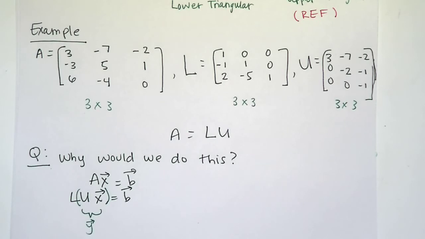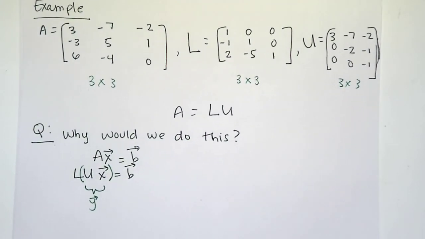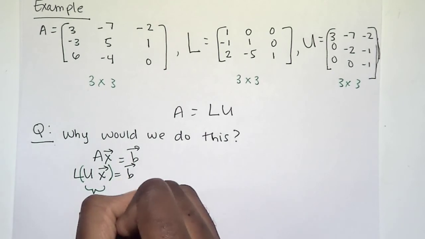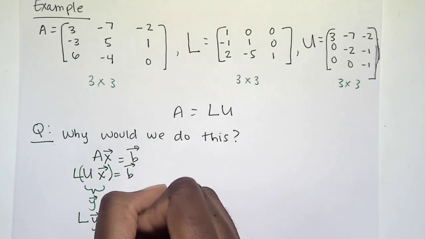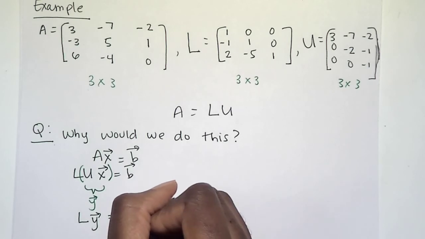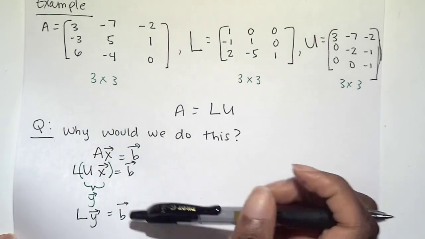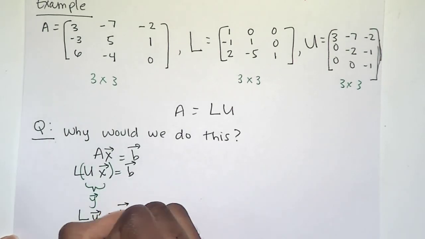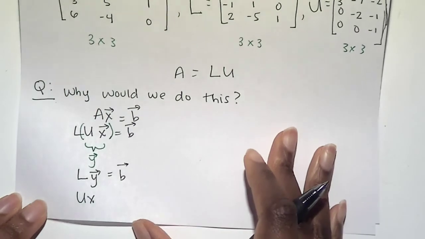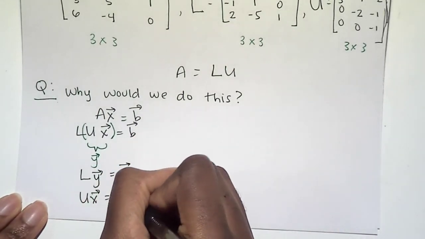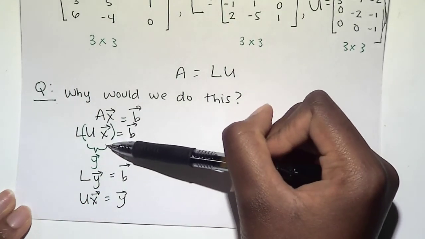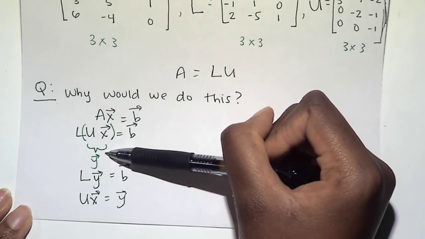I'm going to call this vector Y. So if I replace U times X with this random letter I've decided to call Y, we have LY equals B. But also, we need to define what Y is. We have UX equals Y, right? We named UX to be Y.